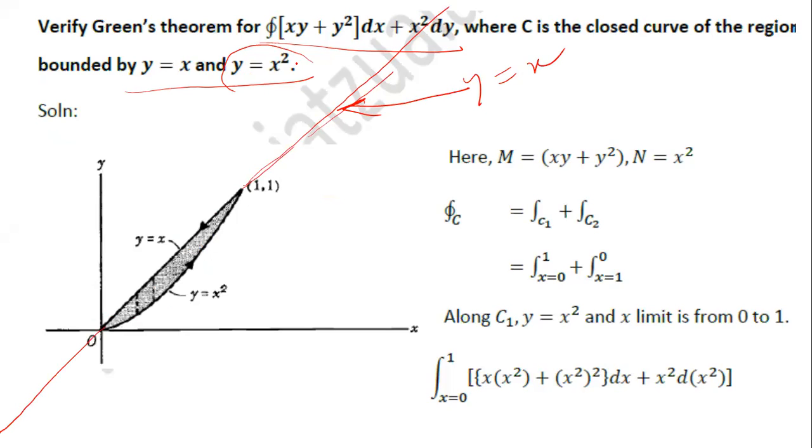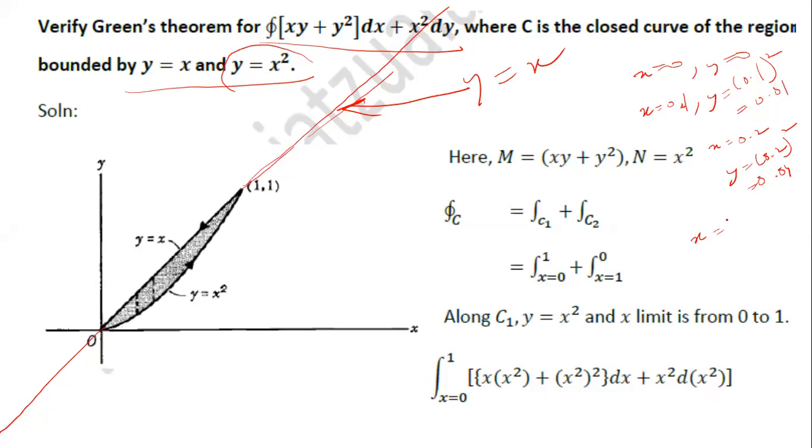Now, what is y equal to x square? At x equal to 0, y value is 0. At x equal to 0.1, y value is 0.1 square, which is 0.01. At x equal to 0.2, y value is 0.2 square, which is 0.04.